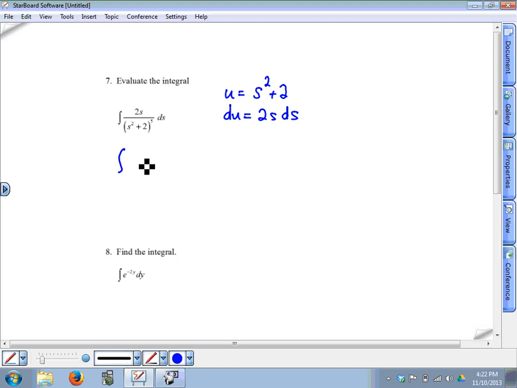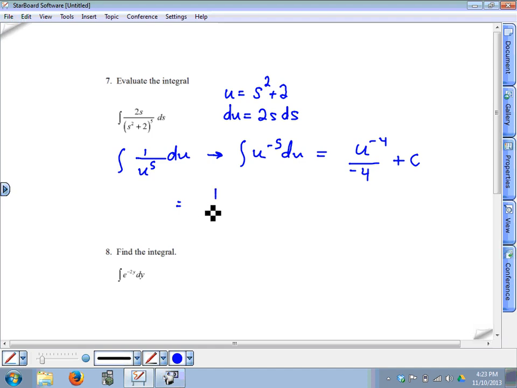So this becomes the integral of 1 over u to the 5th times du, and we can change that into the integral of u to the negative 5th power times du. That changes into u to the negative 4 over negative 4 plus c.